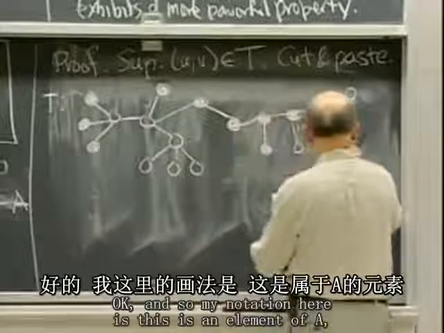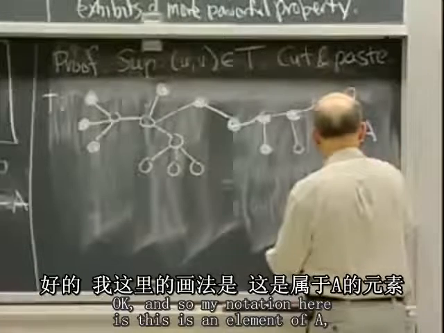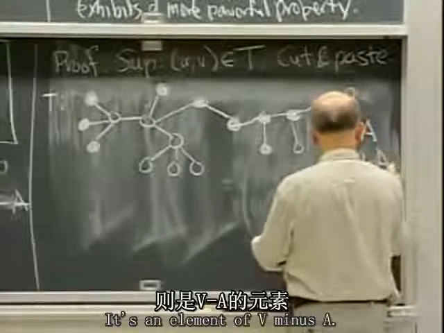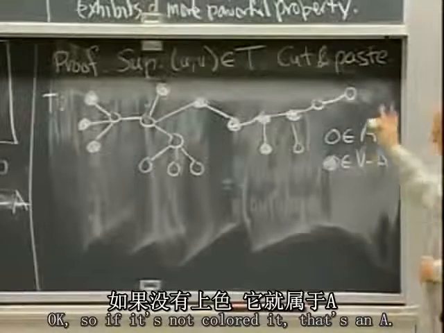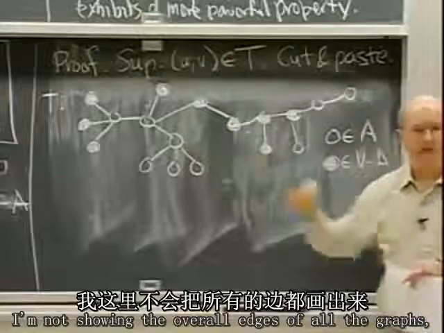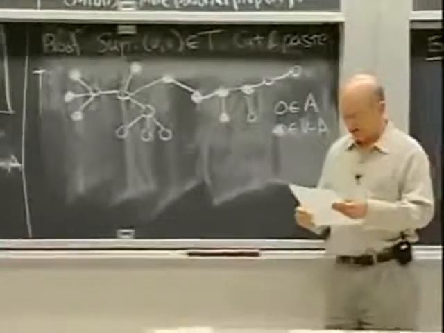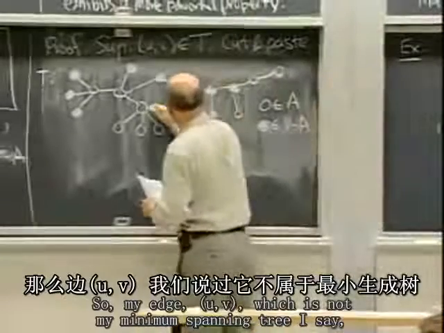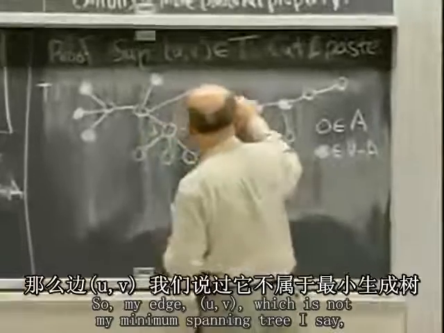My notation here is this is an element of A, and colored in is an element of V minus A. So it's not colored in, that's an A. This is my minimum spanning tree. Once again, I'm not showing the overall edges of the graph, but they're there. So my edge UV, which is not in my minimum spanning tree, let's say, is this edge here.